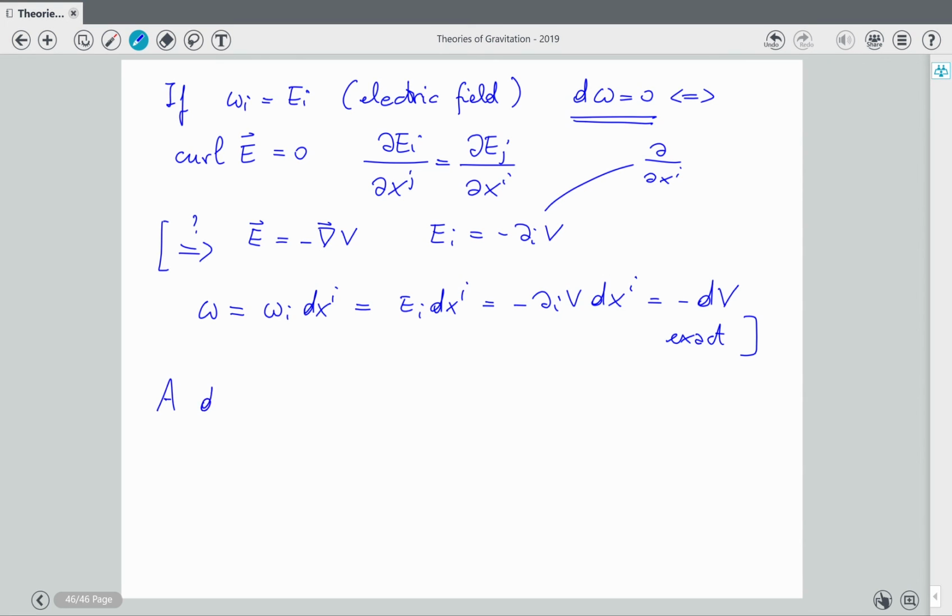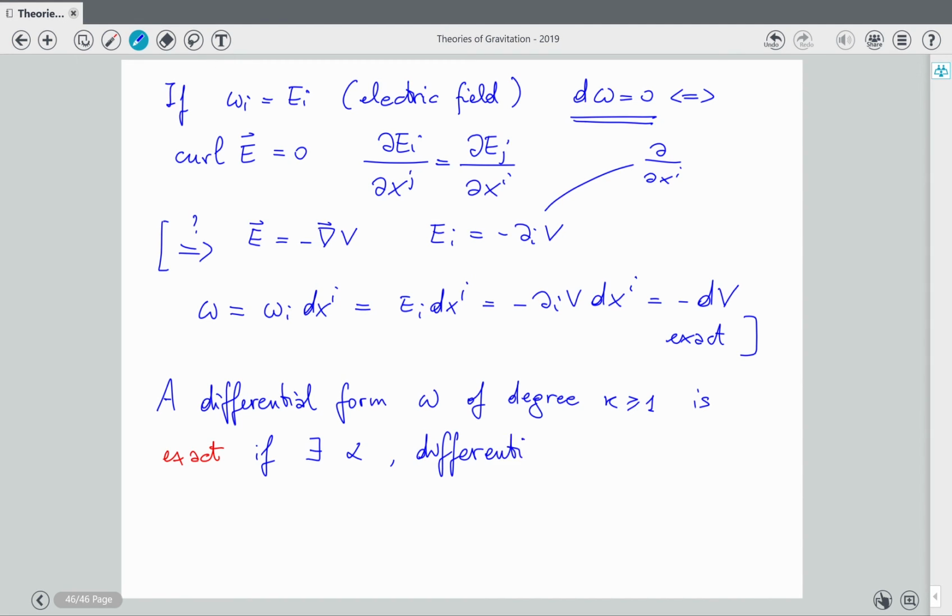A differential form omega of degree k greater than 0 is exact if there exists alpha, a differential form of degree k minus 1, such that omega is equal to d alpha.